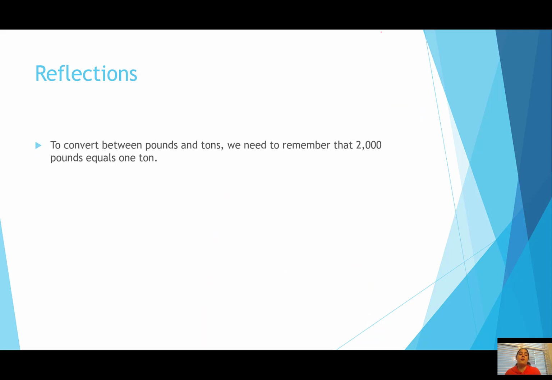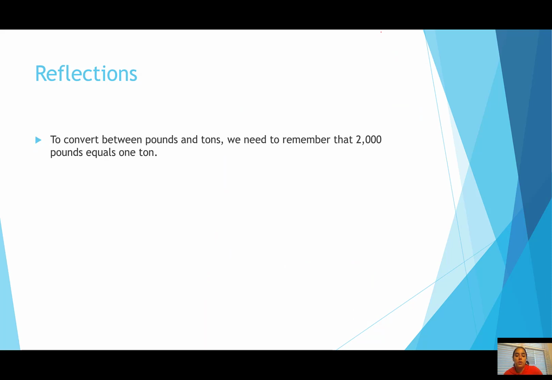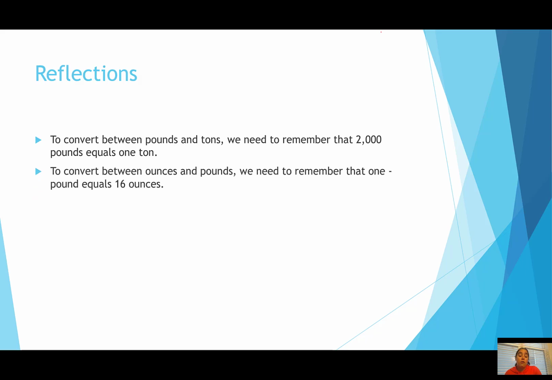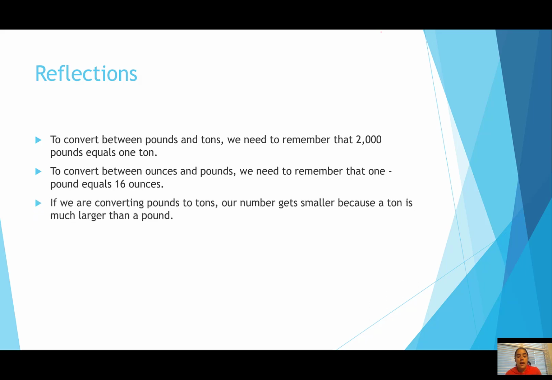So what are my reflections? To convert between pounds and tons, we need to remember that 2,000 pounds equals 1 ton. To convert between ounces and pounds, we need to remember that 1 pound equals 16 ounces. If we are converting pounds to tons, our number gets smaller because a ton is much larger than a pound.